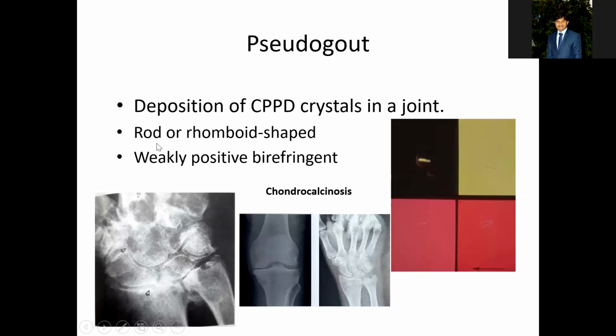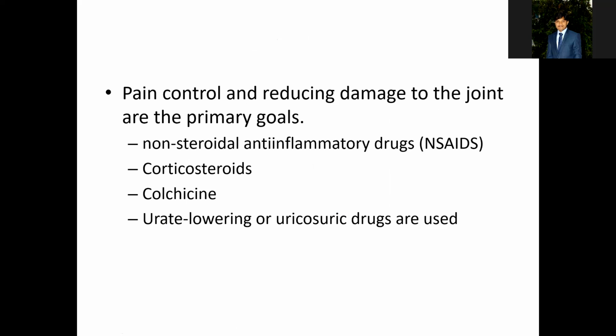These show weakly positive birefringence under polarized light. Pain control and reducing damage to the joint are the primary goals in gout and pseudogout. We treat with nonsteroidal anti-inflammatory drugs, corticosteroids and colchicine. Definitive treatment is urate-lowering and uricosuric drugs like allopurinol, probenecid, febuxostat, and sulfinpyrazole.